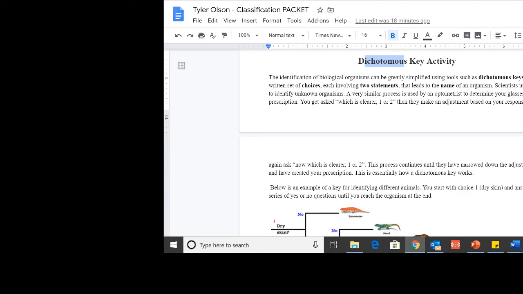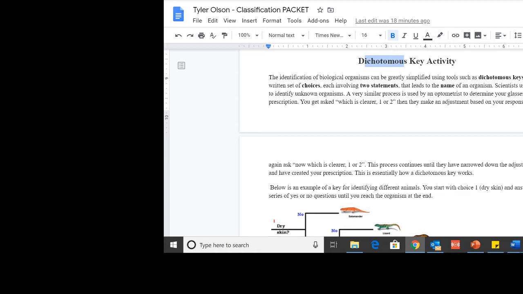Two statements. A dichotomous key is a system for identifying unknown things. It says the identification of biological organisms can be greatly simplified using tools such as dichotomous keys, a set of written choices, basically two choices, that leads you to the name of an organism or trying to identify something.